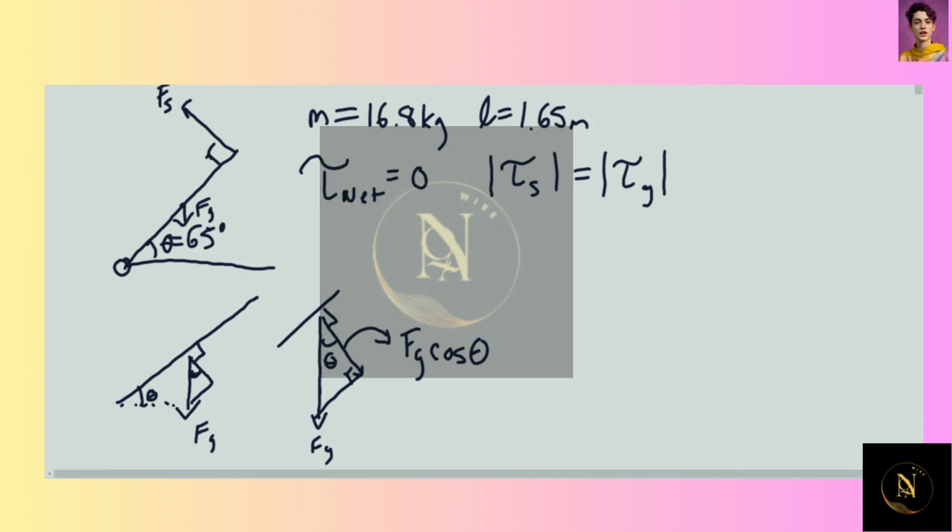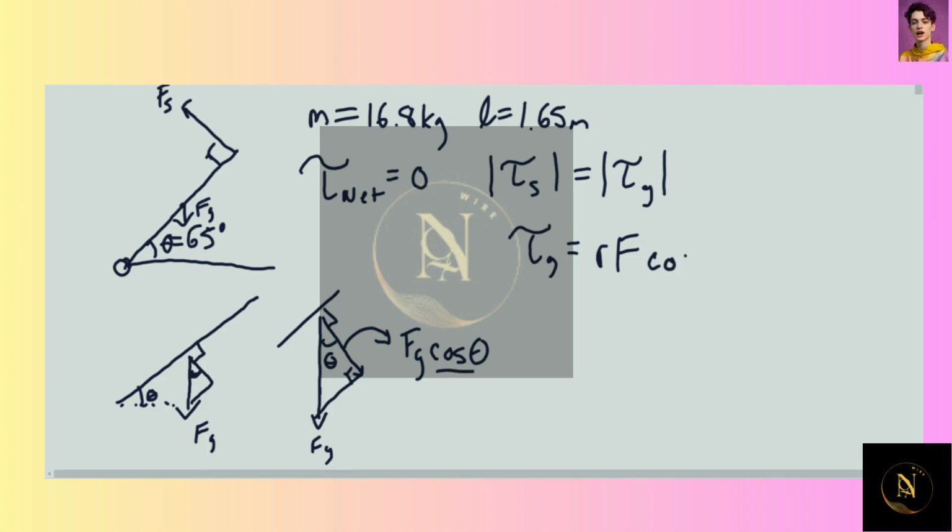So now let's take a look at the formula for Tg. Torque due to gravity will be equal to R, well, normally it would be R times F, and normally we would have sine of theta, but we've already established that it'll be cosine of theta.